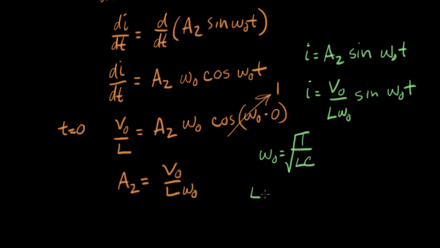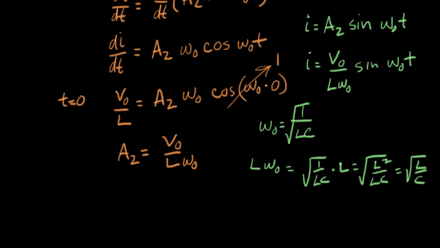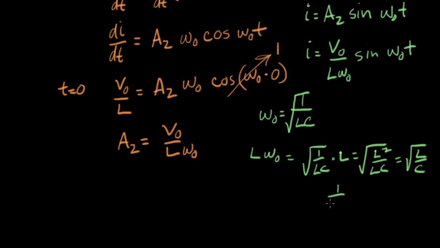So now L omega naught equals square root of 1 over LC times L, and that equals square root of L squared over LC, and that equals square root of L over C. Lastly, I'll write 1 over L omega naught equals square root of C over L, just the reciprocal.